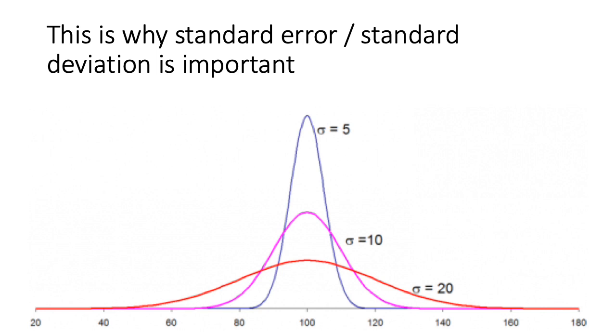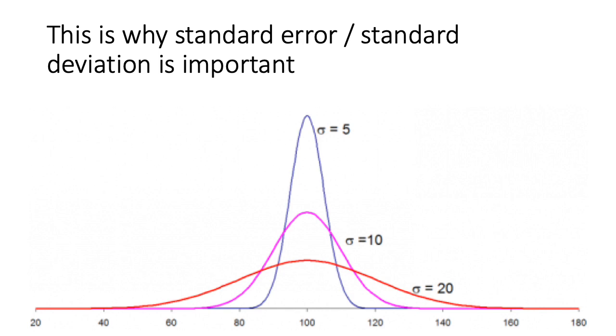So our standard error is the standard deviation in our random sampling distribution of mean differences. As your standard error or standard deviation increases, the normal curve gets flatter and flatter. That's important to know. I make you put the standard error on your random sampling distribution of mean differences because it's important, and it's important because that standard error determines how flat or how peaked your normal curve is.